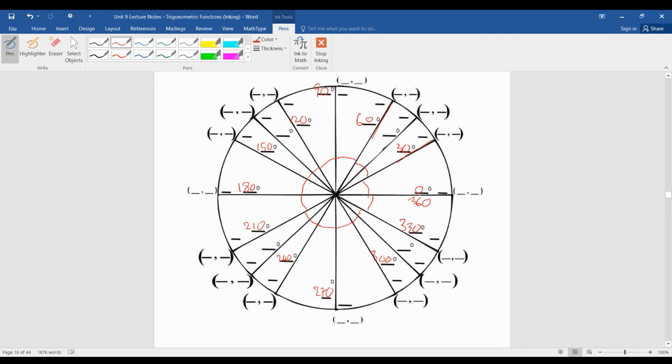So we're able to label all the multiples of 30 degrees by simply adding 30 degrees to each angle.